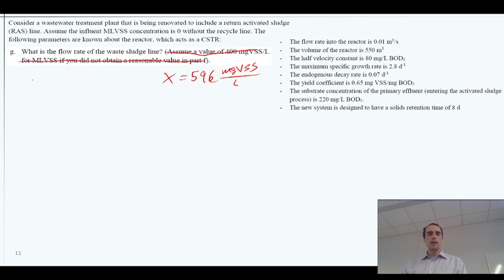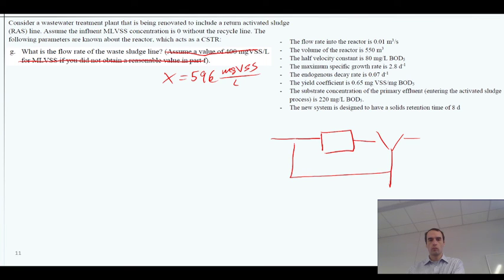And we are asked for the flow rate of the waste sludge line. So let's draw it up one more time. Remember how we labeled it. The waste line is here.